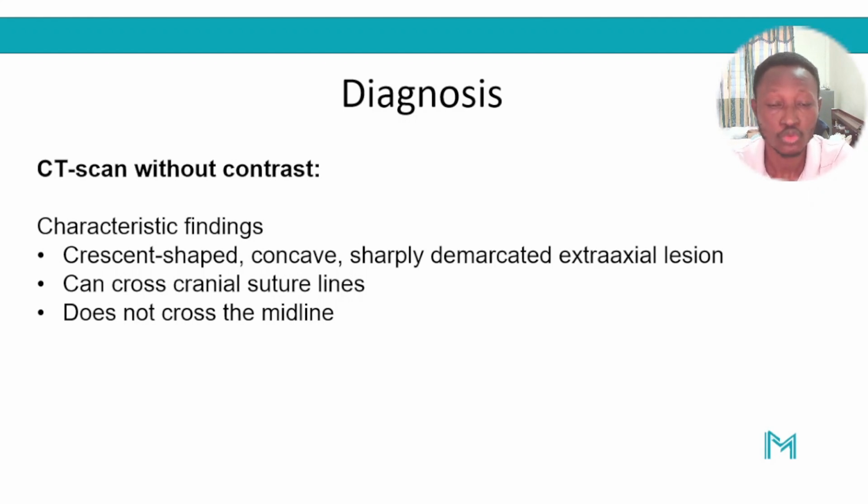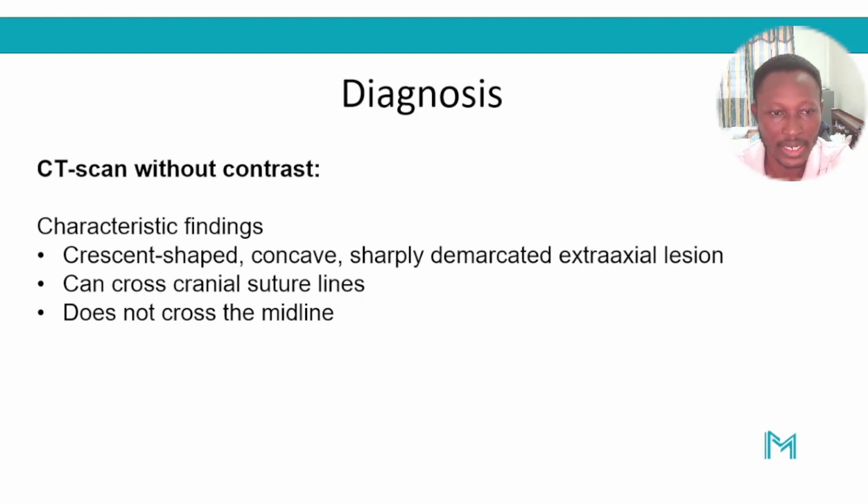Now, why are they able to cross suture lines? We'll talk about these differences especially when we're talking about epidural hematoma, which is a contrast to this, where epidural hematoma can cross the midline but cannot cross suture lines. Subdural hematomas can cross suture lines because the bleeding is occurring below the dura. The dura is tightly adhered to the sutures.